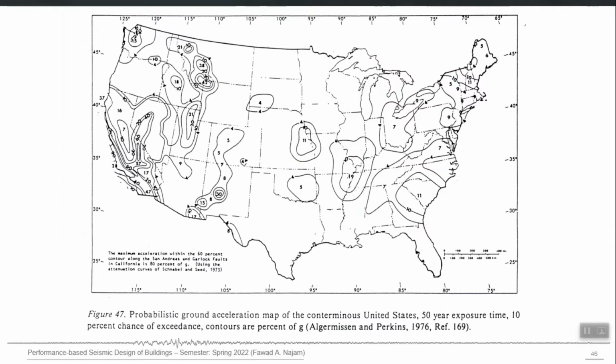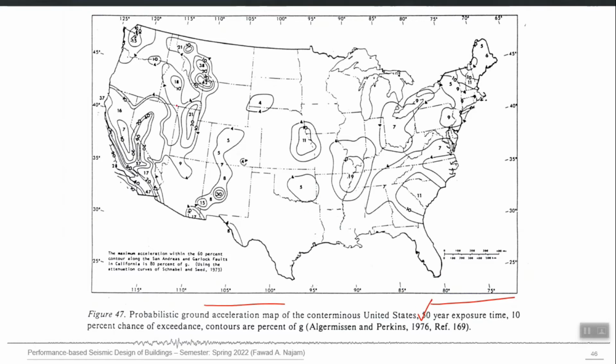more detail. This is the US seismic hazard map, PGA map actually, which was developed using PSHA methodology, and it is for 10% probability of exceedance in 50 years, and you can see that it is 1976.